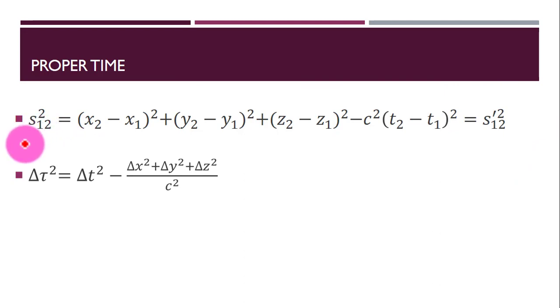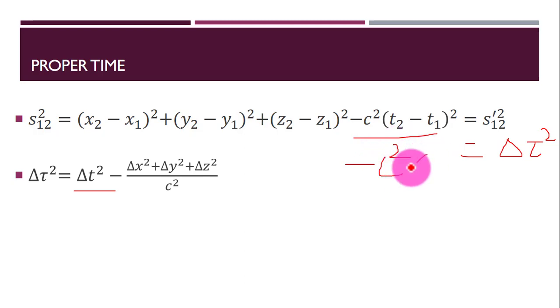So in the S frame this interval is defined like this, and according to the Lorentz transformation, it is equal to delta tau square. The time measured in the S frame would not be the proper time, so the time difference between the two events in this frame is denoted by delta t square, and we write minus c square delta t square.